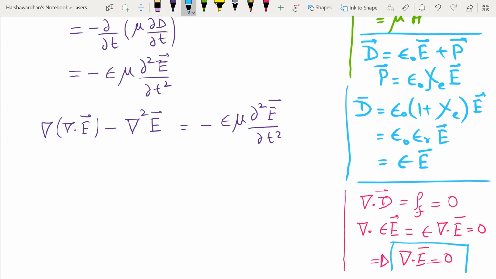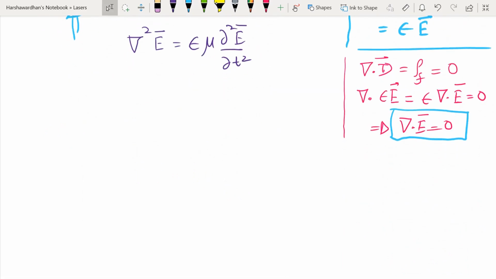This condition is called the transversality condition, and I will plug it in here and thus obtain the final wave equation, which is del square E equals epsilon mu times dou square E over dou t square.